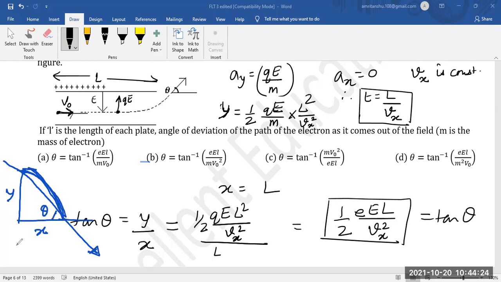This angle. But if you see about velocity, the direction will be always given by velocity. So if you can see, the direction of velocity and direction of y upon x are quite different.